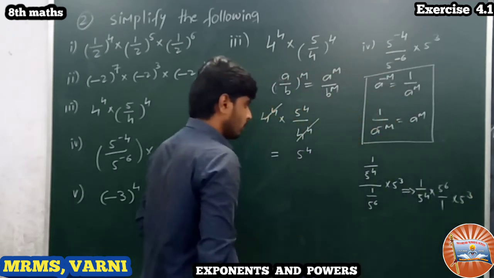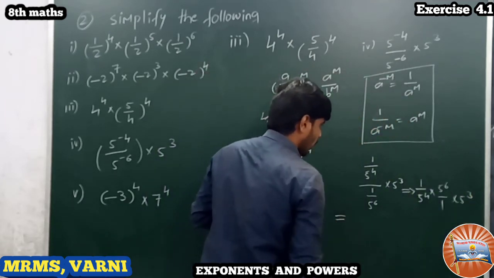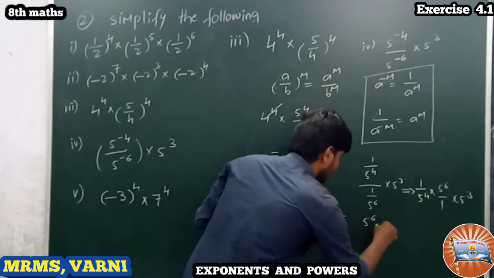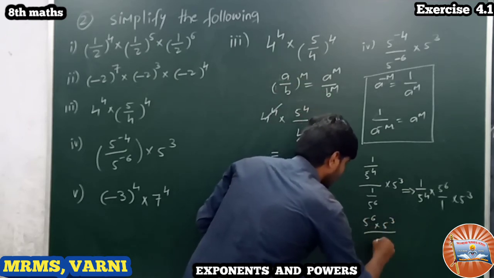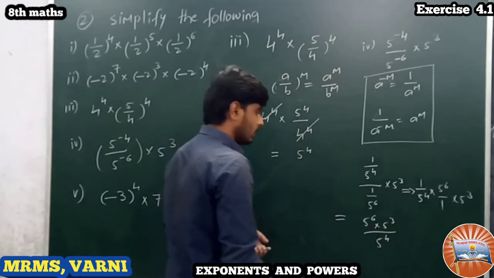Is it clear? So next, what does it become? 5 power 6 into 5 power 3 by 5 power 4 it is.